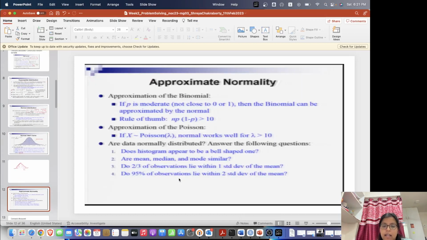And then, as I said, the approximation of the binomial and Poisson, and how we can assume approximate normality and go about doing those calculations.